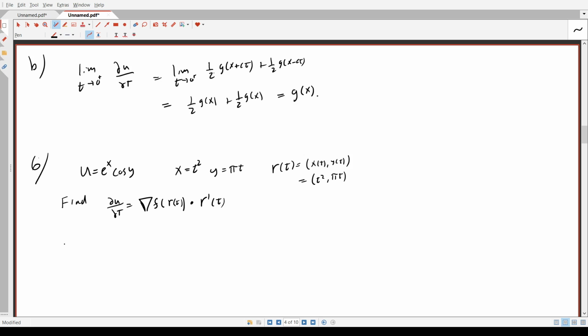Gradient of u, that's not f, that should be u. So that's the way this thing makes sense. Gradient of u is going to be cosine y e to the x, and the derivative of cosine is negative sine y e to the x.